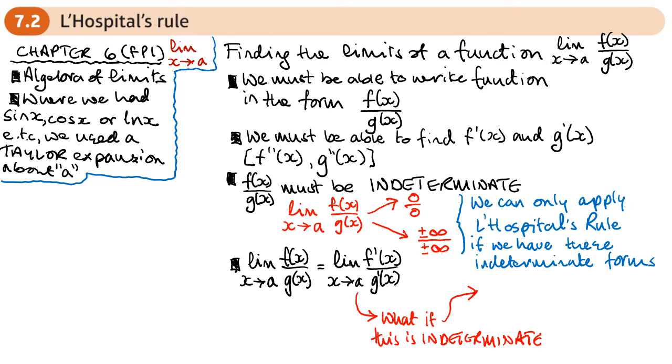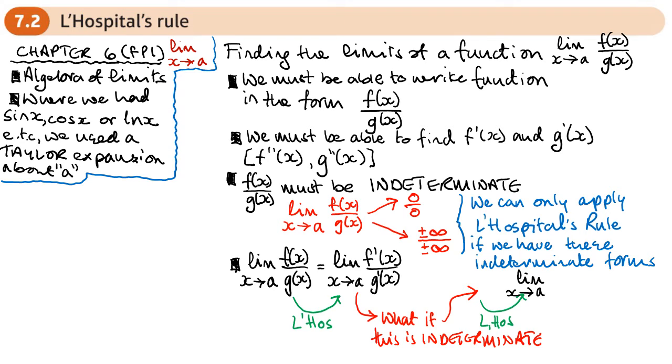Well, we can apply L'Hopital's rule again. So here we've applied the rule, so I'll just put L'Hop, and we're going to apply it again. And we can find the limit of the second derivatives.